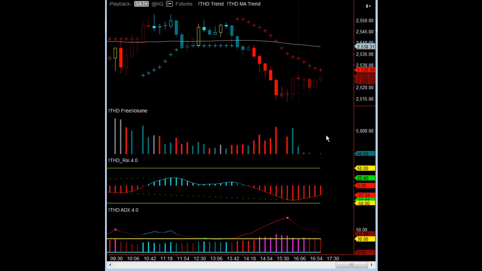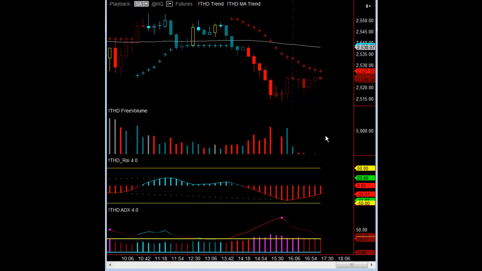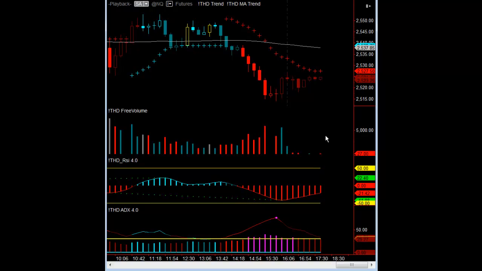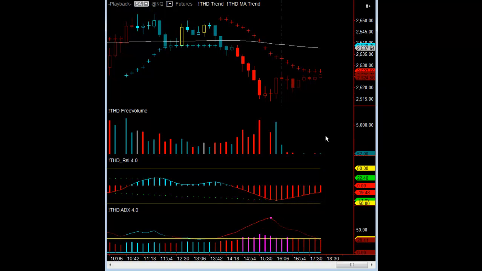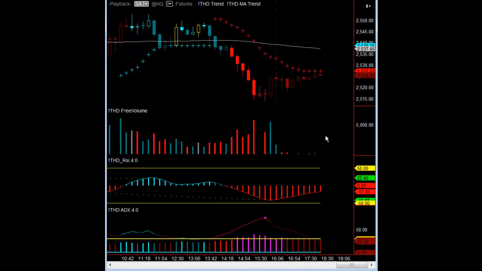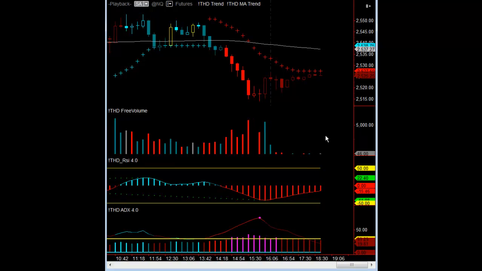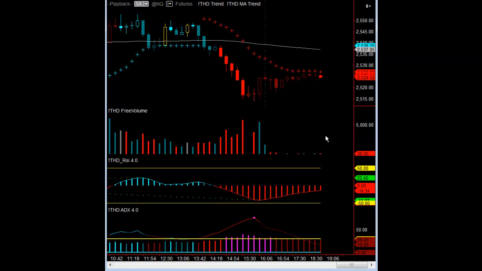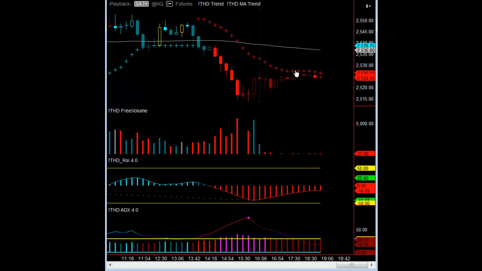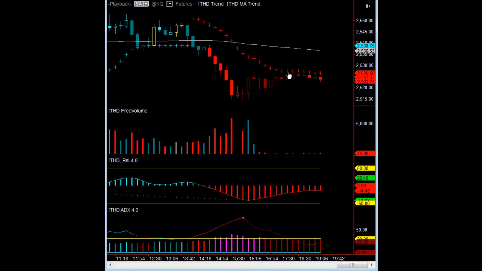In this case, it's actually going to flip the ATR. The ATR is initially offering resistance for price to go through. It's totally normal.